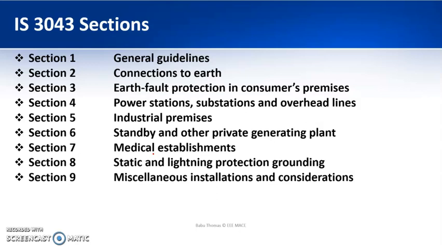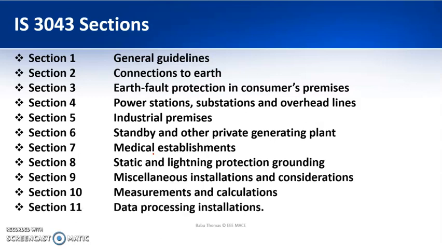All these things are discussed in section 9. Section 10 is related to the various measurements and calculations related to the earthing procedure. And section 11 is on data processing installations. How the earthing has to be carried out in a data center is discussed in section 11.